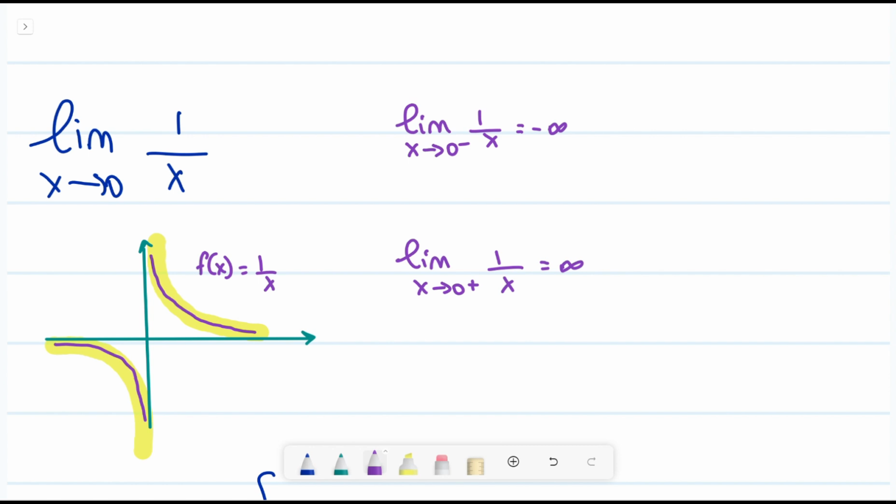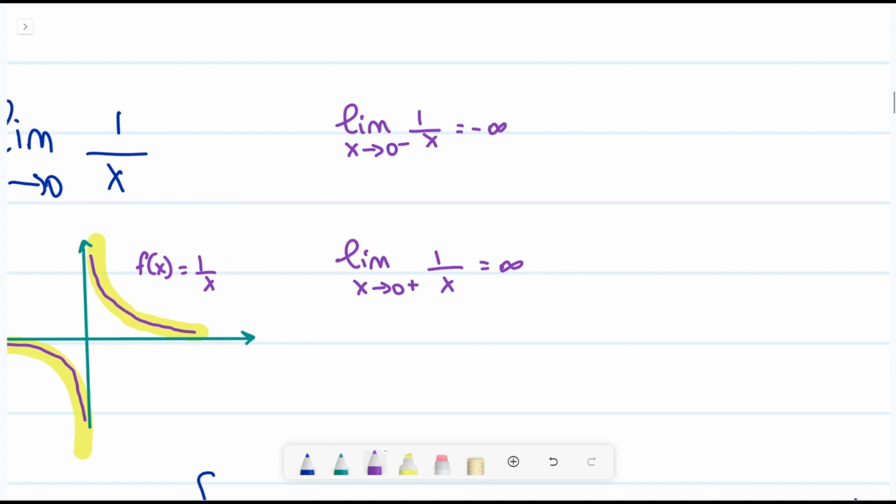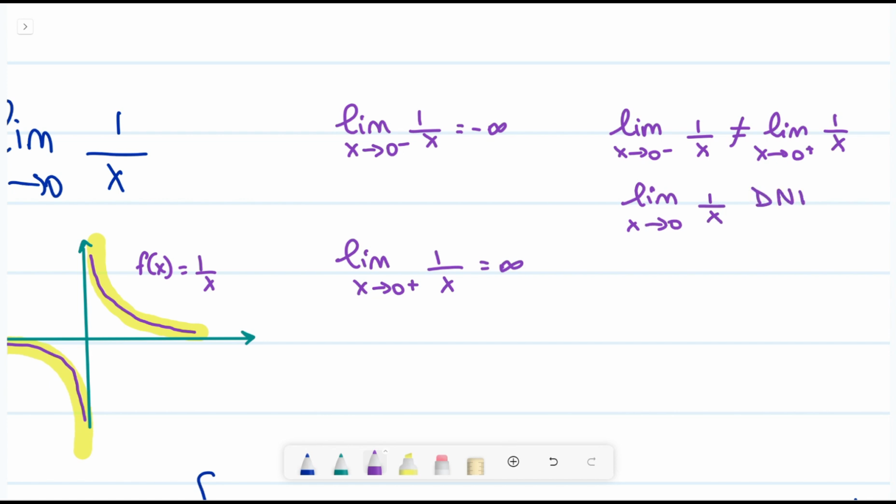And then we notice that the left-hand limit is not equal to the right-hand limit. We can write that too. Because of that, the overall limit of 1 over x as x approaches 0 does not exist.